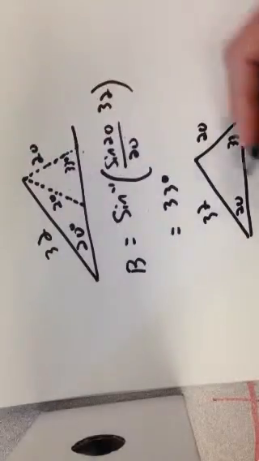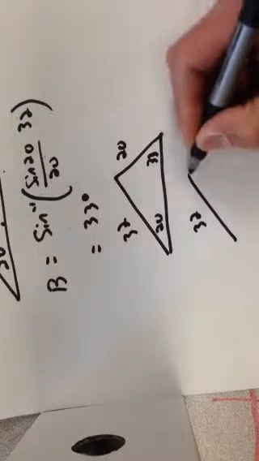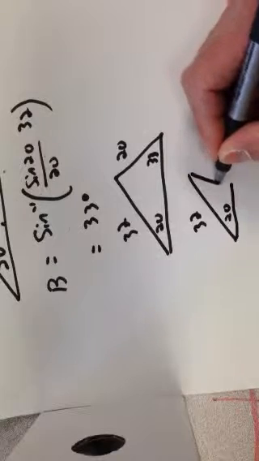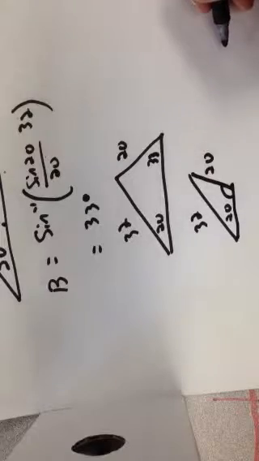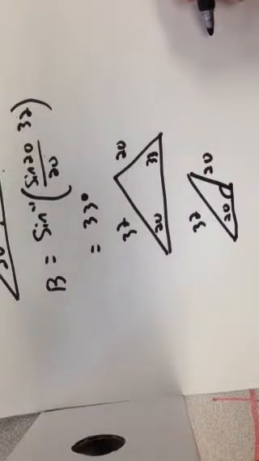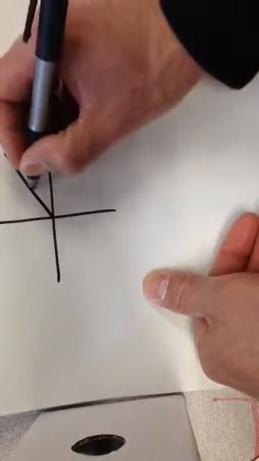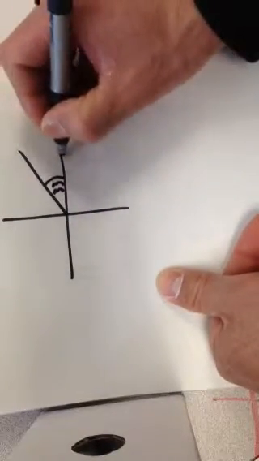The other possibility is that we have this triangle inside here, where that's still 32, as per our specs, that's still 20 degrees, but the angle comes in this way, so that's a side length of 20, and you have an obtuse angle here. So what you're really looking for is an obtuse angle whose sine is also 33 degrees. And here's how we're going to get that. Right here we have an angle of 33 degrees.